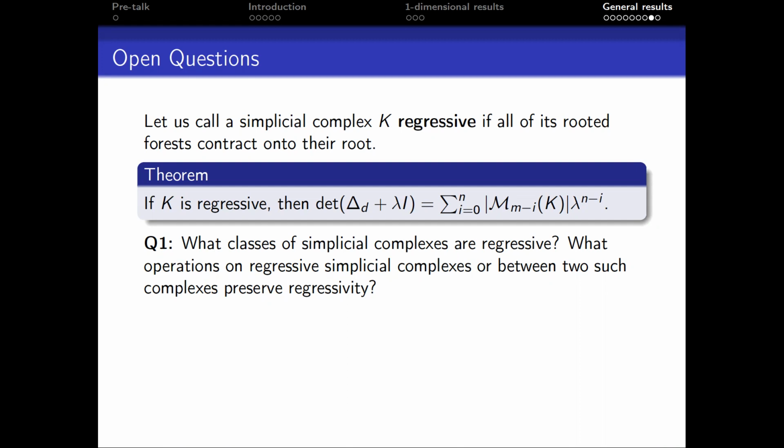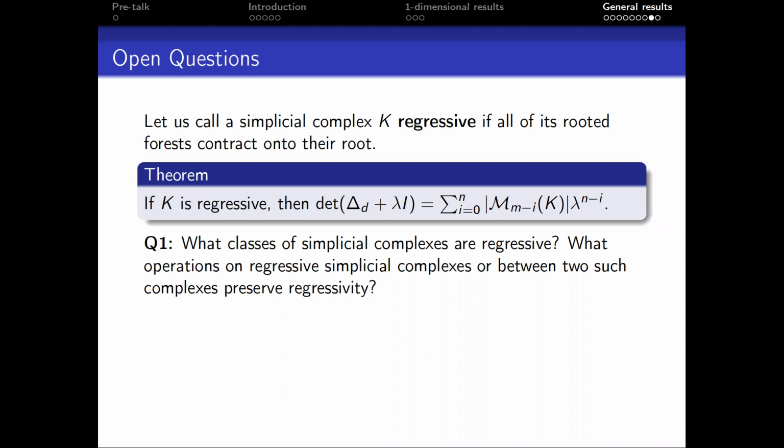A simplicial complex is regressive if all of its rooted forests contract onto their root. The question is, what classes of simplicial complexes have this property? Can we characterize them all? Is it just being orientable, or is there something we are missing?